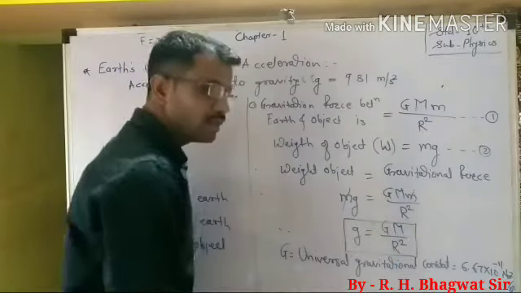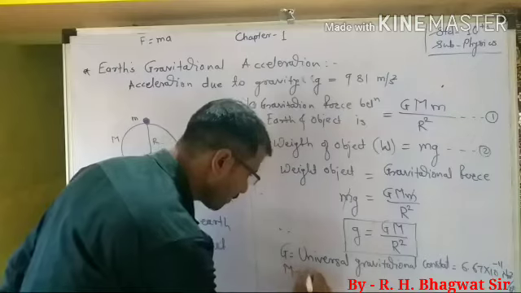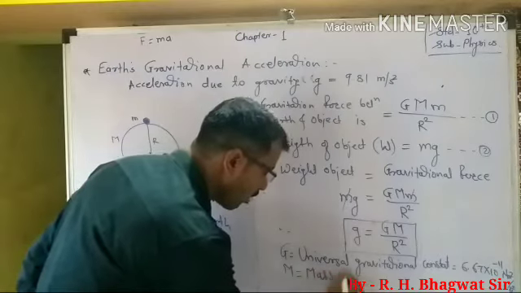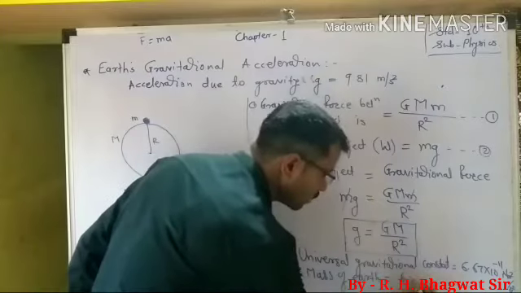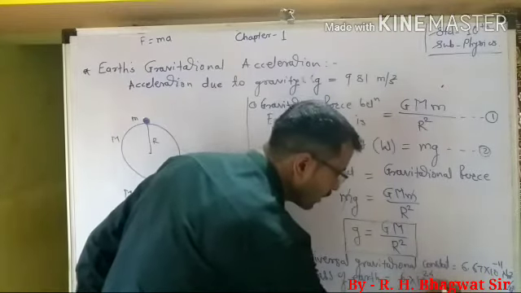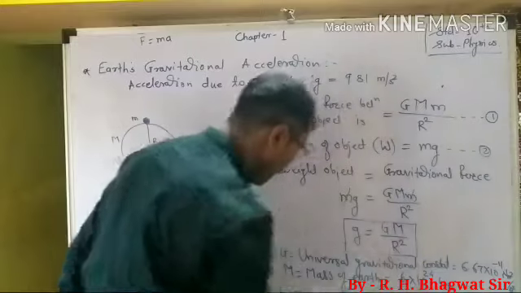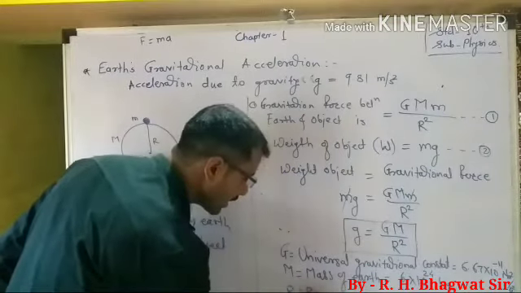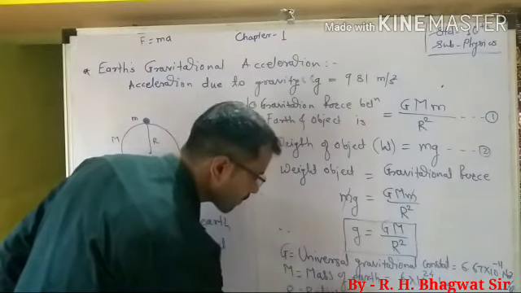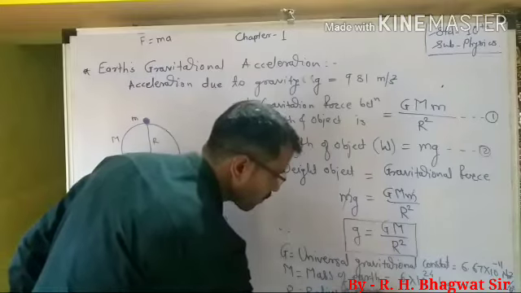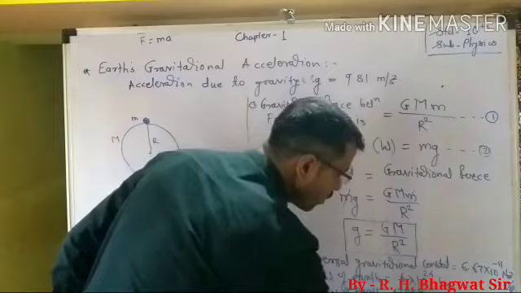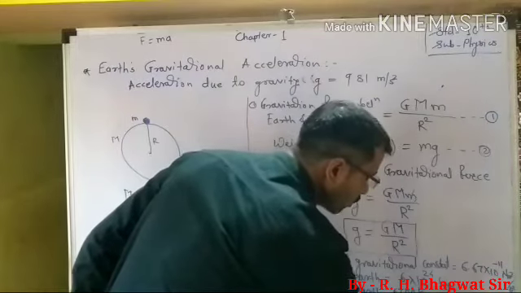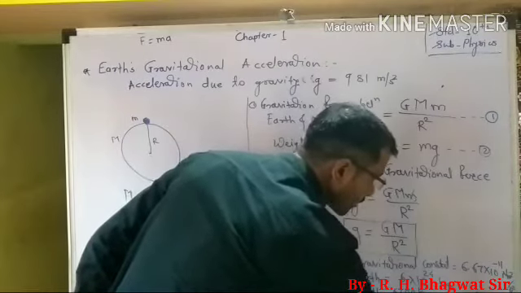Capital M is the mass of Earth, having the value 6 into 10 raised to 24 kilograms, and capital R is the radius of Earth, which is equal to 6400 kilometers or 6400 into 10 raised to 3 meters.